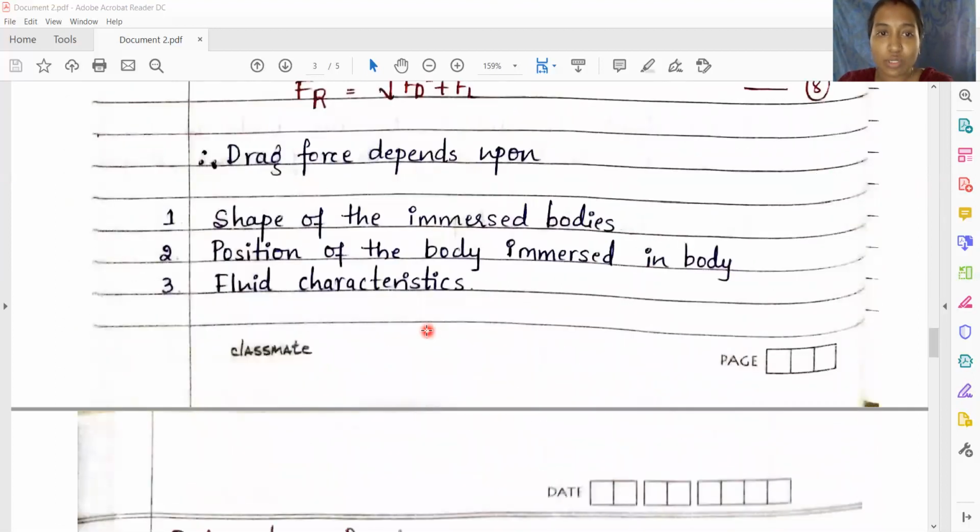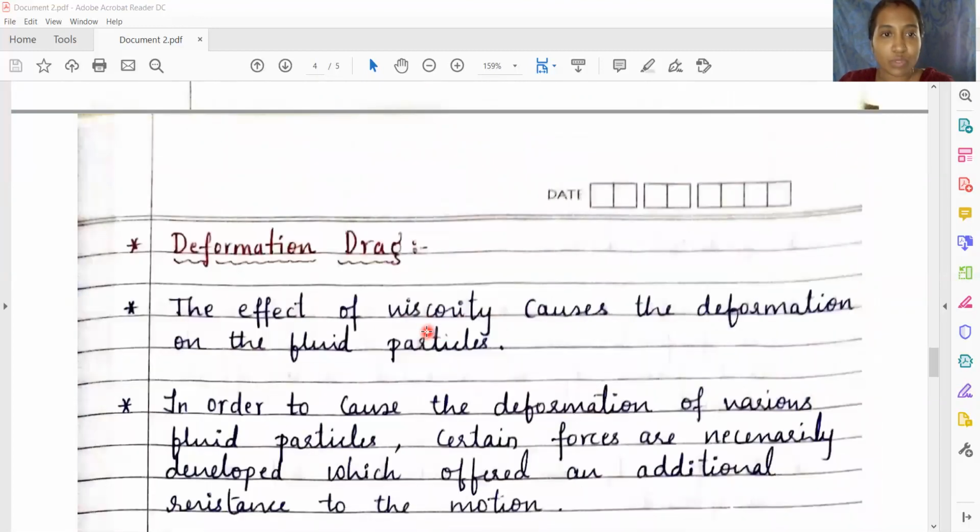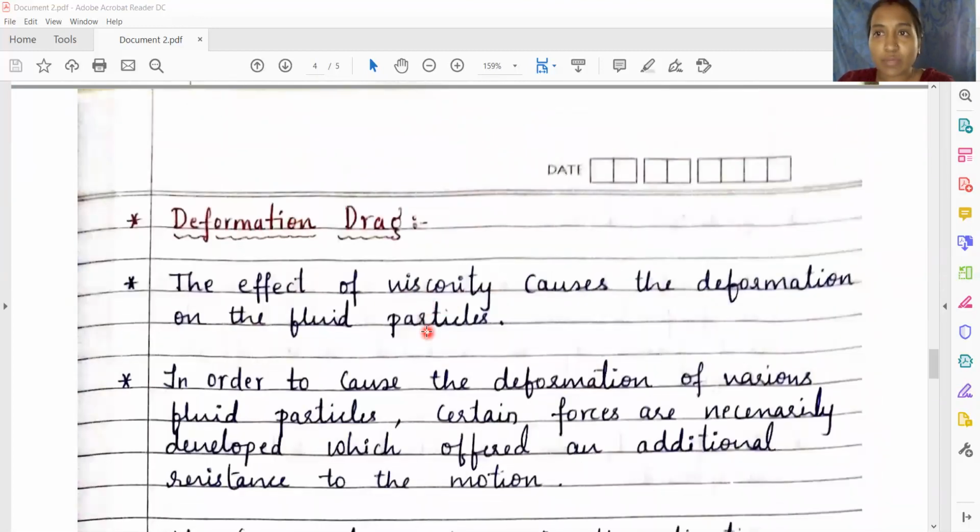So next, coming to this deformation drag here. Deformation is nothing but elongation, right? So here we have some effect of viscosity. Due to the effect of viscosity, we have the deformation of the fluid element, or you can say the fluid particle here.